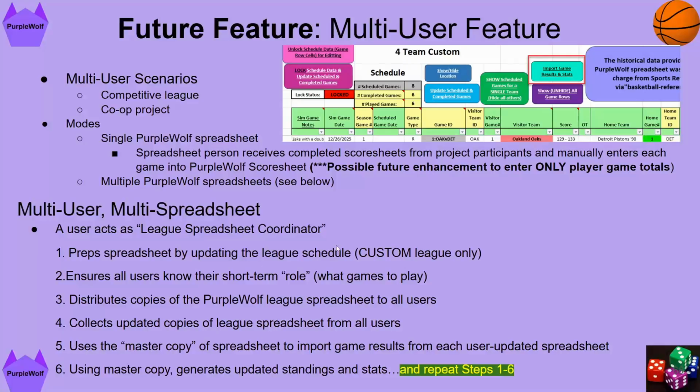Another way for doing a co-op project or a league thing would be you have everybody involved get a copy of the spreadsheet. Somebody makes a master copy and distributes it to other people. They play their games in there and then send or upload a copy to the coordinator, who will then click this button, and it'll detect what games are completed in the other spreadsheets and bring in those results and stats.